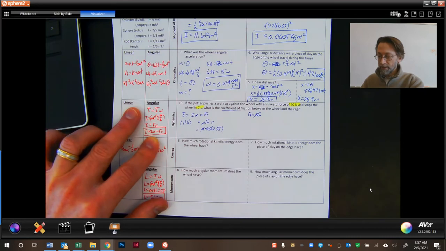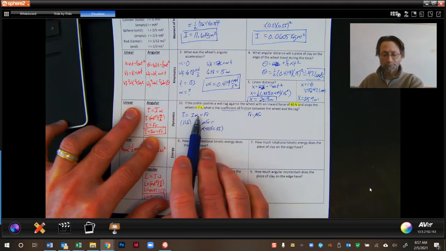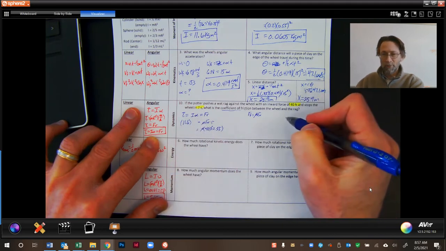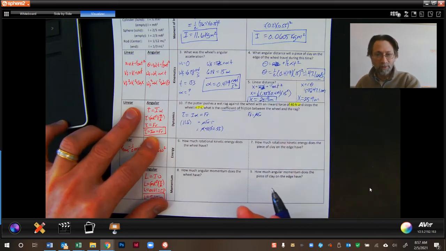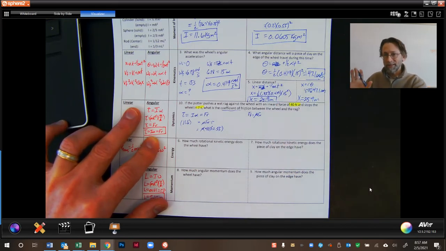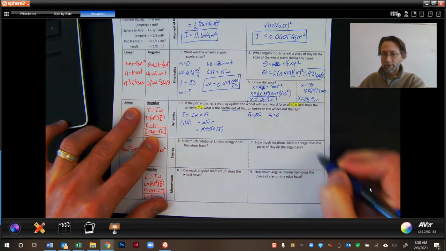And now the next thing we want to talk about is, how would we find this alpha value? So it looks like we're going to have to go back to kinematics up here. What's the deceleration of the wheel, because the potter is pushing in on the wheel, slowing the wheel down? So I would say probably that the final velocity will be 0.